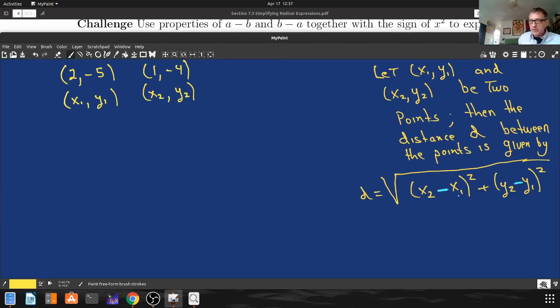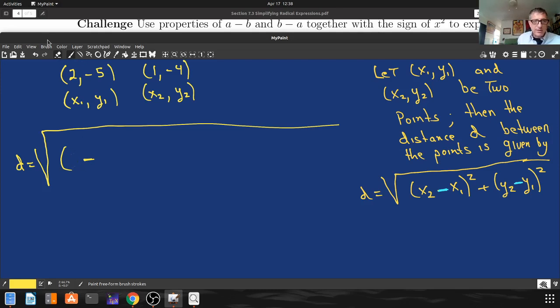So let's now just use the formula. The distance is equal to the square root of, let me do it, sorry, I have x2 minus x1 instead of x1 minus x2.